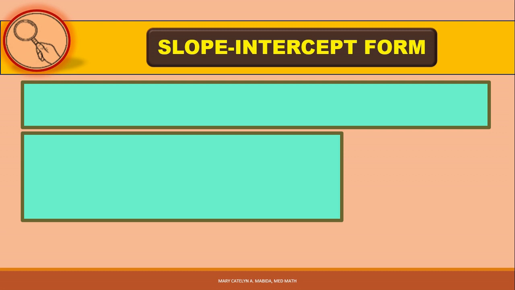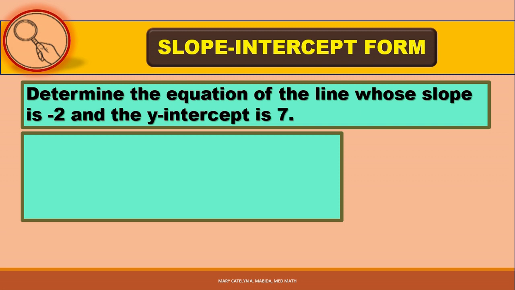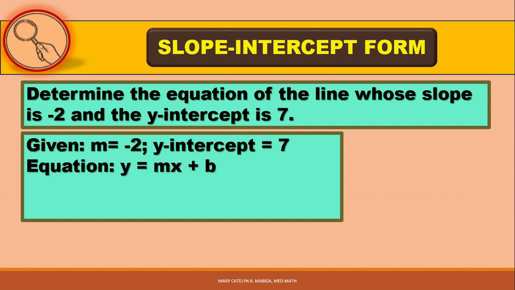For example, determine the equation of the line whose slope is negative 2 and the y-intercept is 7. Let us find the equation of the line using the given slope, which is negative 2, and the y-intercept, which is 7. Let us use the equation y is equal to mx plus b, which is the slope-intercept form.